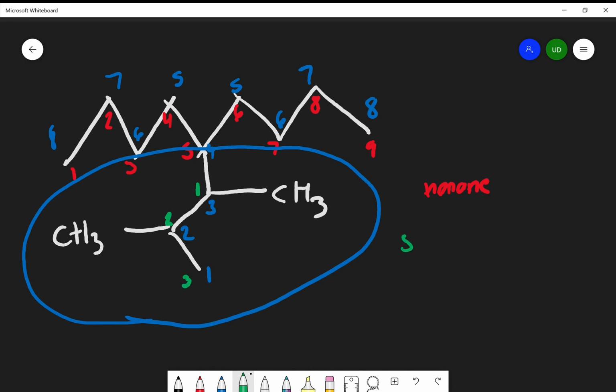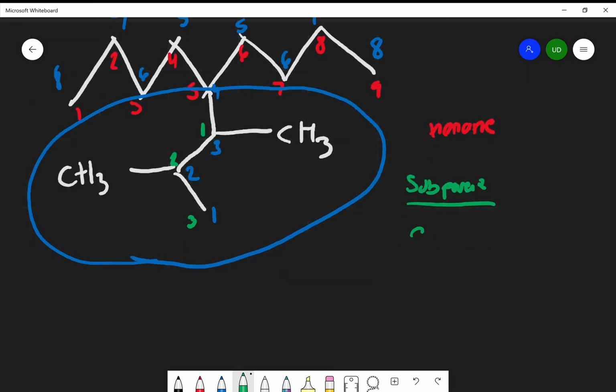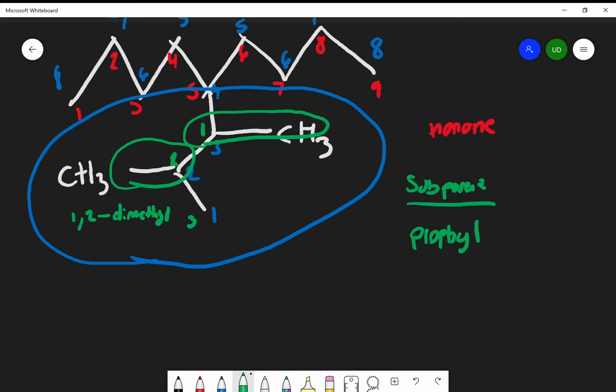So our sub-parent group has 3 carbons in it, and that is propyl. Now begin by circling off the other substituents in this carbon chain. So we have 1 on 2 and we have 1 on 1. And they're both methyls. So the naming for those would be 1,2-dimethyl, because there's 2 methyls on carbon 1 and 2.